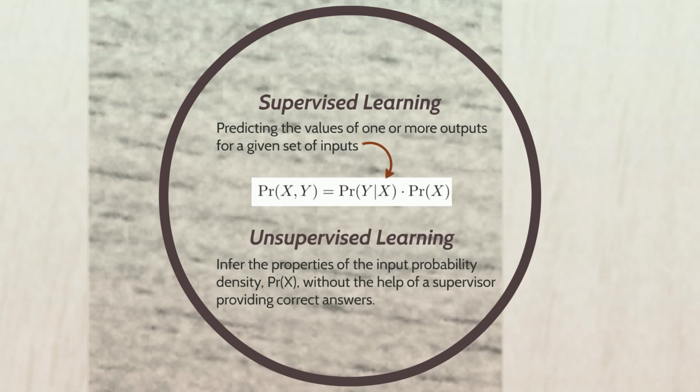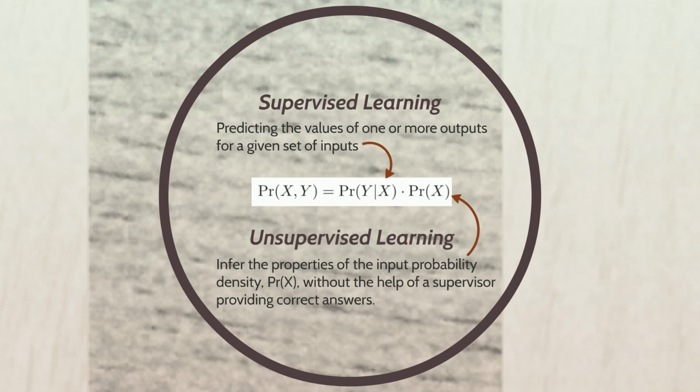So you see this probability formula here. We've got the probability of x and y, which is dependent on the probability of y given x, and simply the probability distribution of x. Supervised learning was concerned primarily with this probability of y given x.